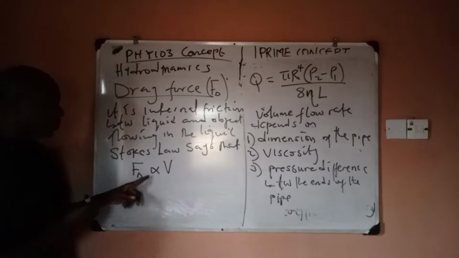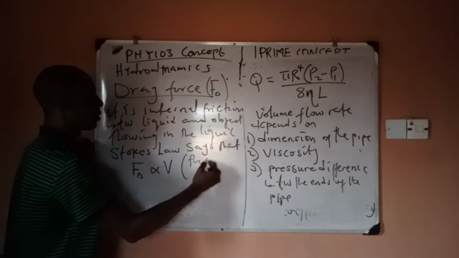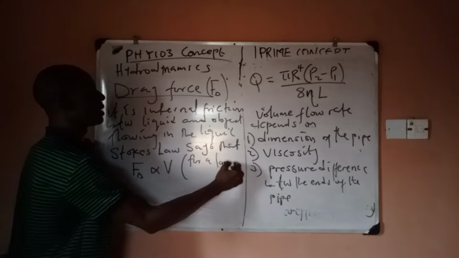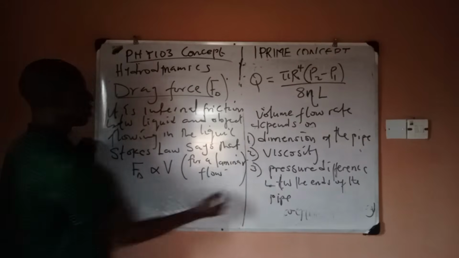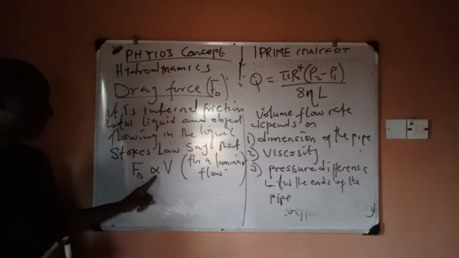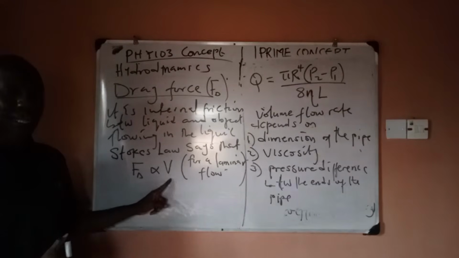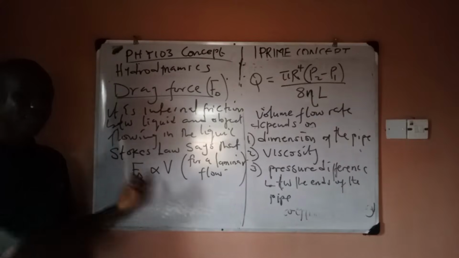Drag force is proportional to what? Terminal velocity for a laminar flow. So if you are dealing with a laminar flow, then drag force is directly proportional to what? Terminal velocity. Terminal velocity is actually constant velocity.